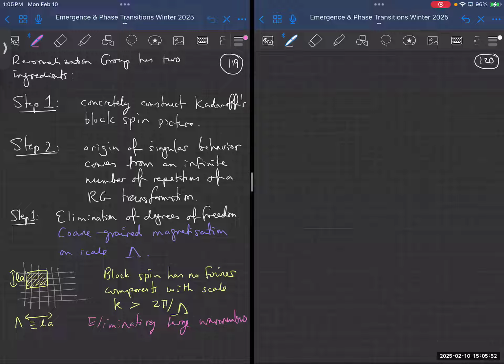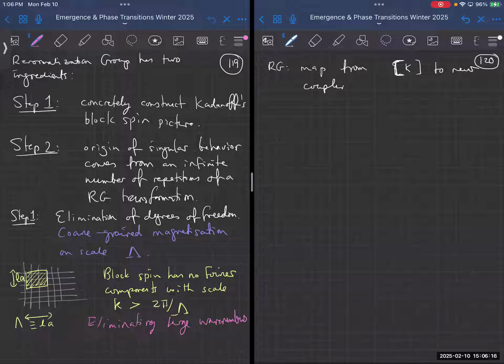Okay, so what we think of then is that the renormalization group is a map from my original coupling constants K to new coupling constants K prime.